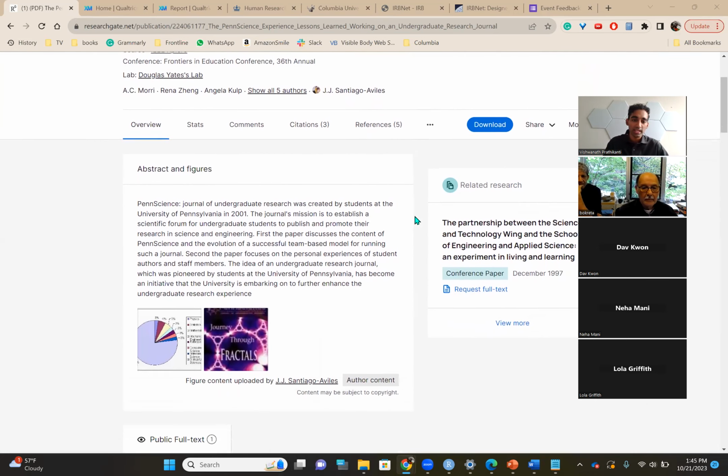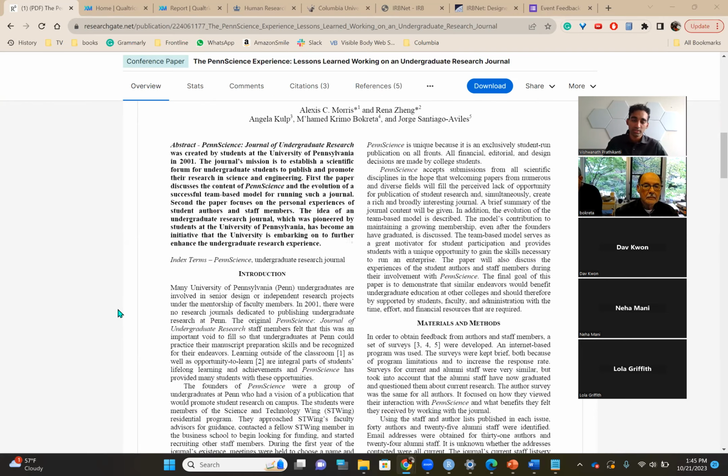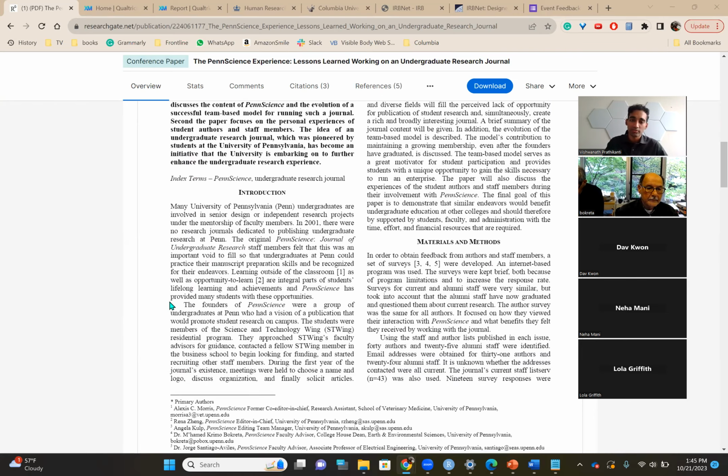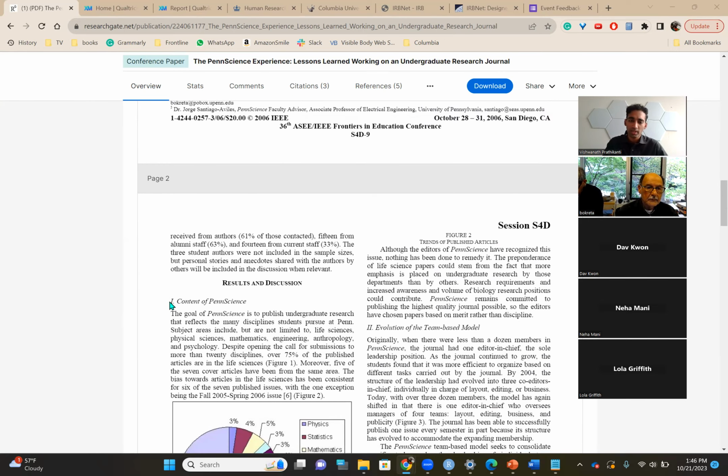Essentially, it is a text on how Penn Science works and what students gained from Penn Science.